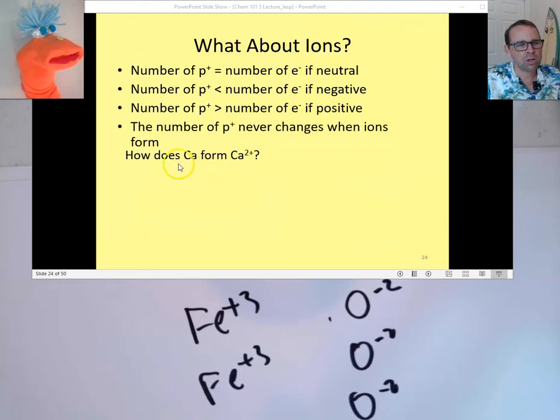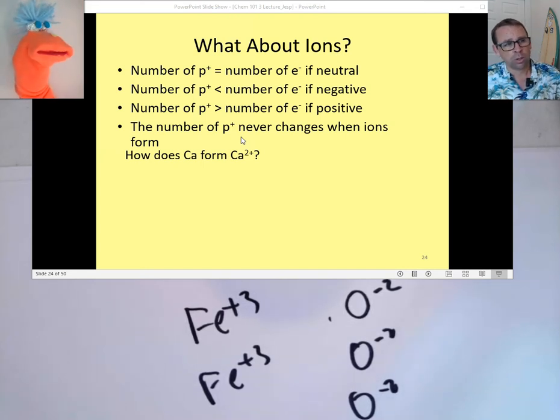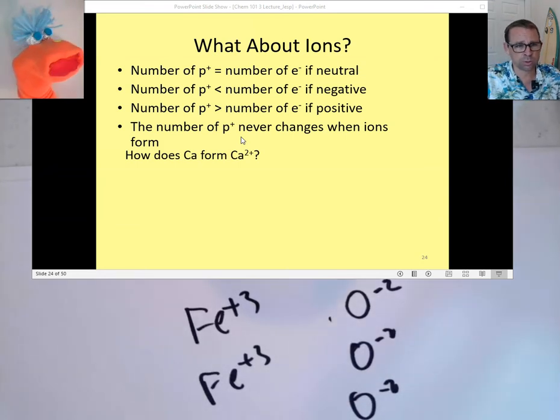All right. So how does calcium form a +2 charge? What does it have to do to form a +2? Gains 2 electrons. Is that what the +2 means? No, hold on. The +2 means that I have more protons, so I must have lost 2 electrons.